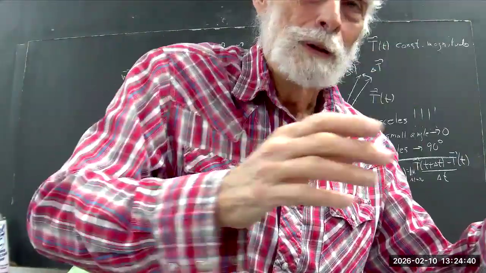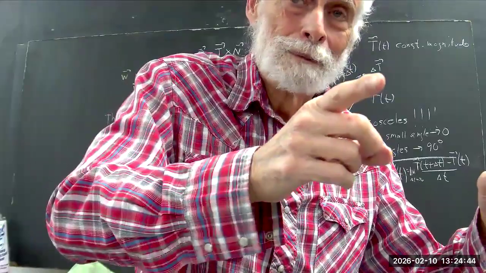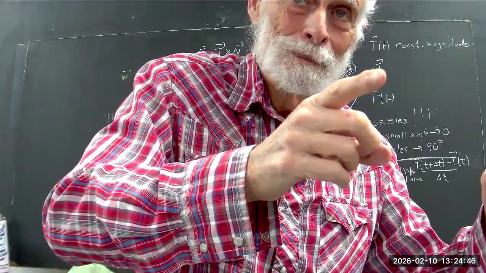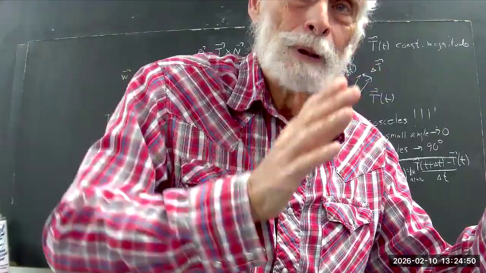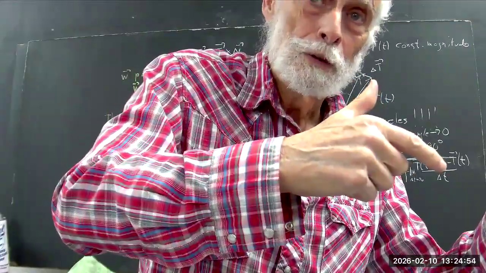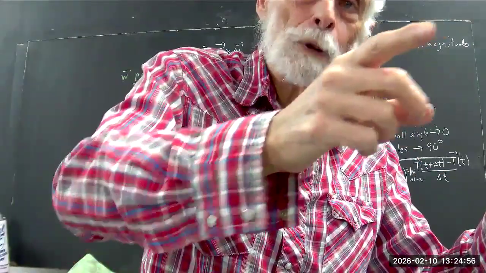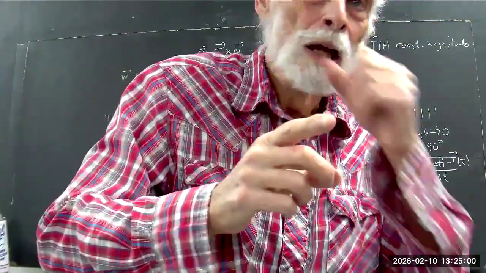So where's my tangent vector? Straight ahead. Do I have an acceleration? Yeah, because I'm changing direction. I have a centripetal acceleration for sure, and I might be speeding up or slowing down, so I have an acceleration in the direction of motion.